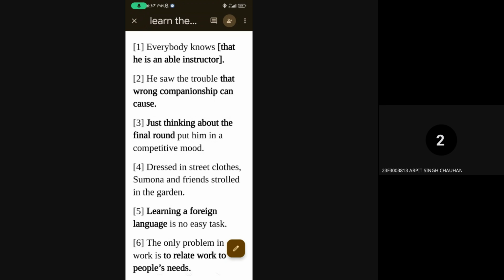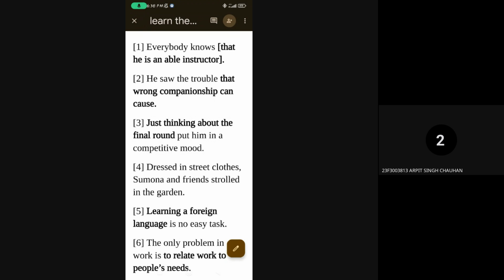Him in a competitive mode, right? That part. Okay. What is this part then? Just thinking about the final round. What put him in a competitive mode?